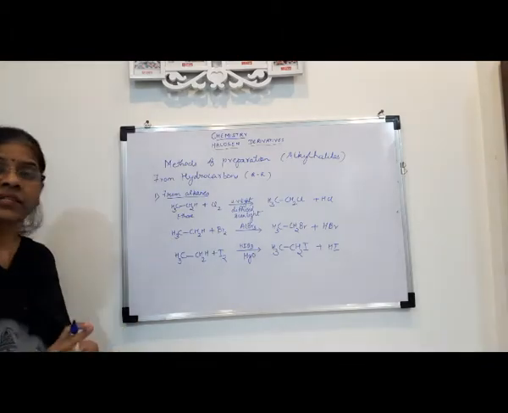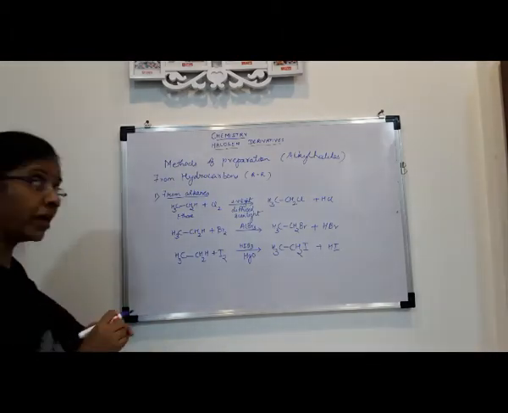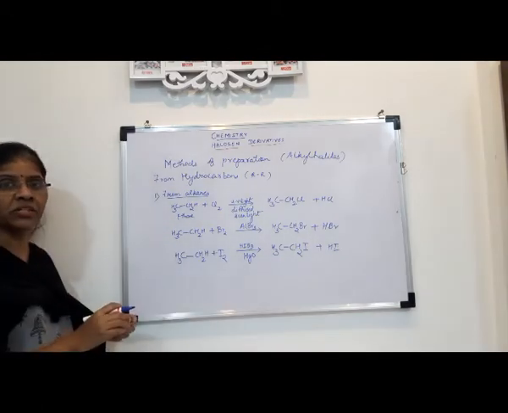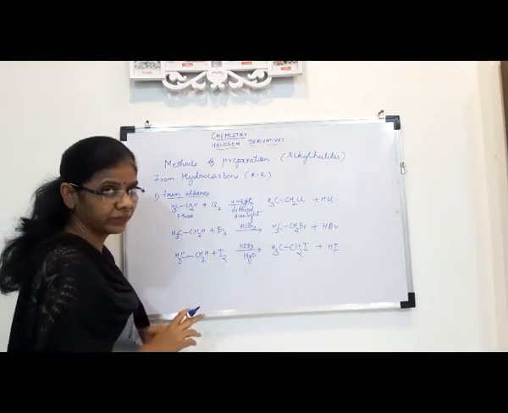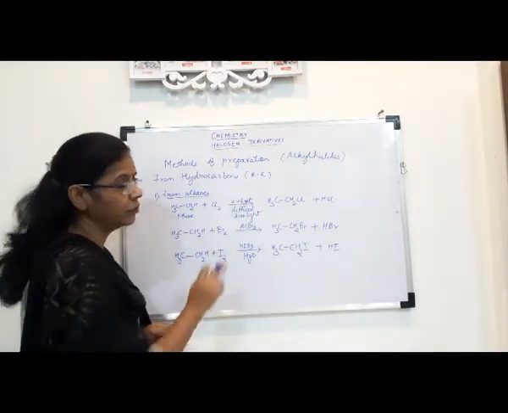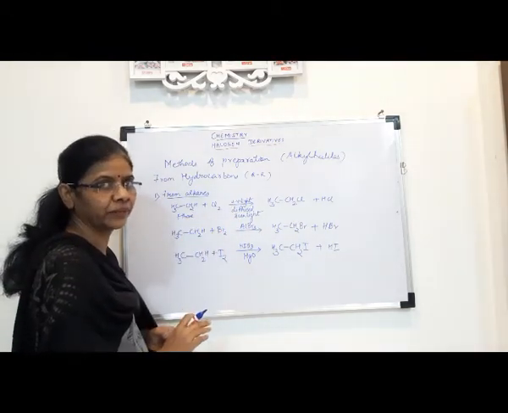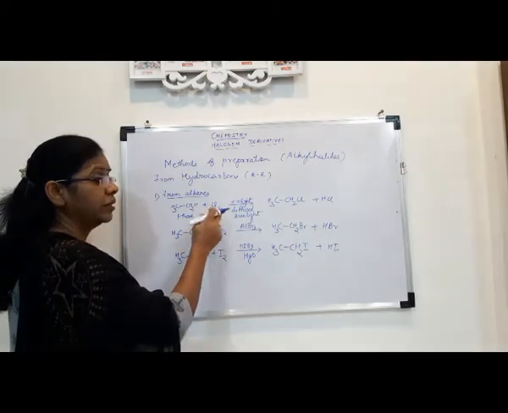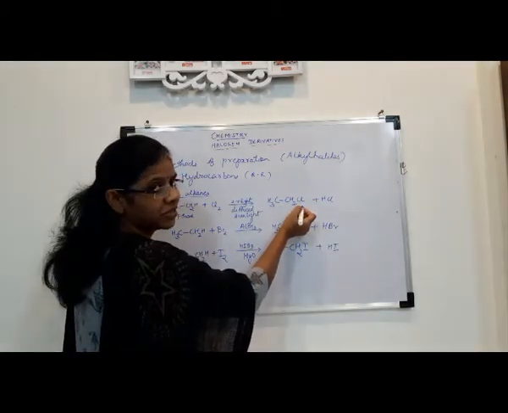Now this reaction or this method of preparation is not generally used. Why? Because it has some limitations. What are the limitations? If you take this chlorination, you have to use the specific UV light and diffused sunlight. This will take place in this condition only. The other drawback is that the reaction will not stop at this stage.